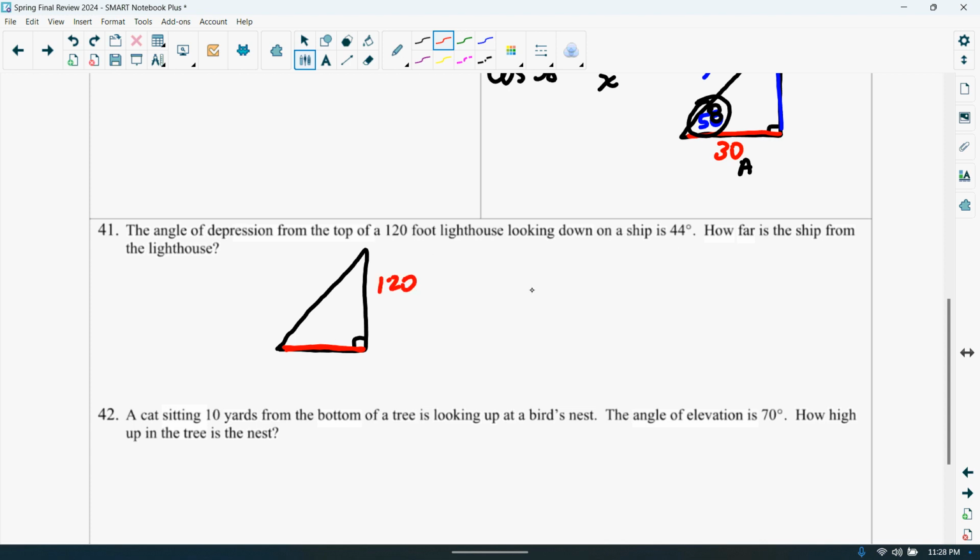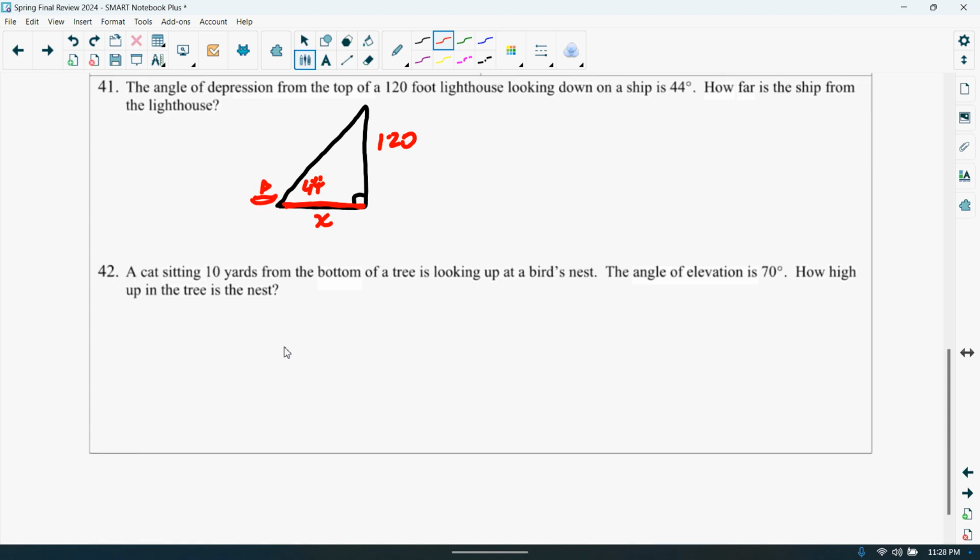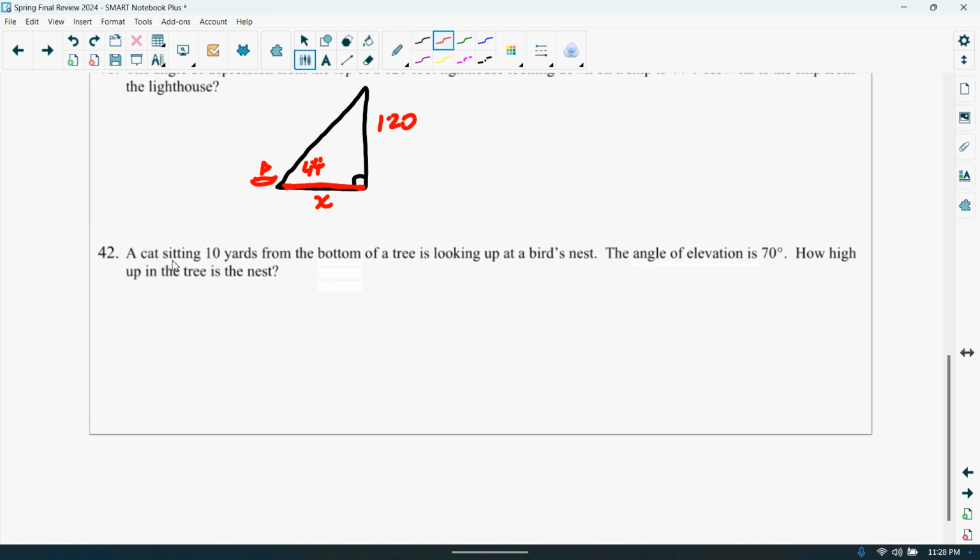To the ship is 44 degrees. So that's here. And then how far? That would be our horizontal distance, because the ship is out in the water somewhere. So just make sure we're using horizontal lines to label our angles, unless it specifically says with the vertical.